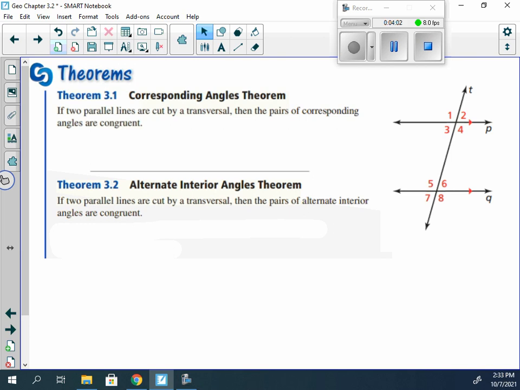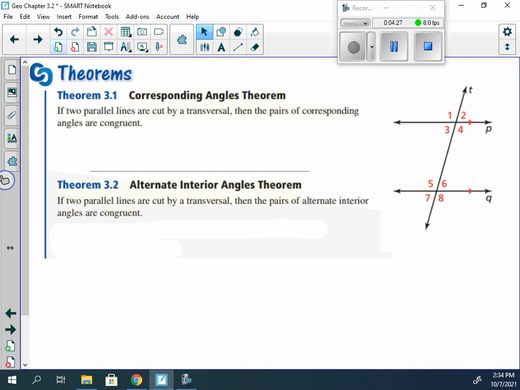Angle 3 in our diagram would be congruent to angle 7. And lastly, angle 4 would be congruent to angle 8 because those four angles are corresponding. They match up to each other. So because the two lines are parallel and cut by a transversal, these would be congruent. Corresponding angles, when we have two parallel lines, are going to be congruent.